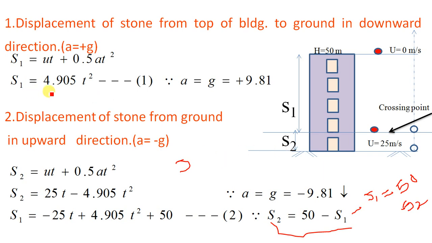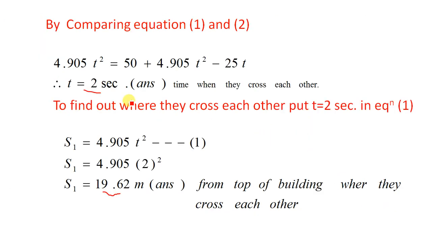Here s1 is 4.905 t square, and from these values we have also written the equation of s1 and compared both equations. So you will get the value of t, that is t is 2 seconds. Back substitution of t in equation number 1 gives you the height from where they are crossing each other.